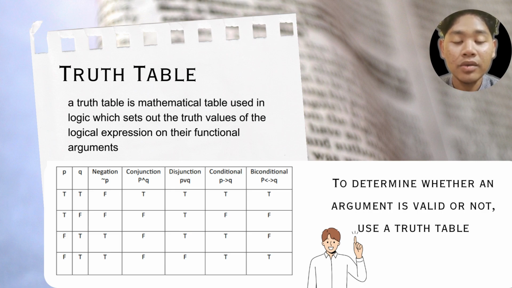The table below shows the relation between negation, conjunction, disjunction, conditional and biconditional to statement P and statement Q. To determine whether an argument is valid or not, we use a truth table.